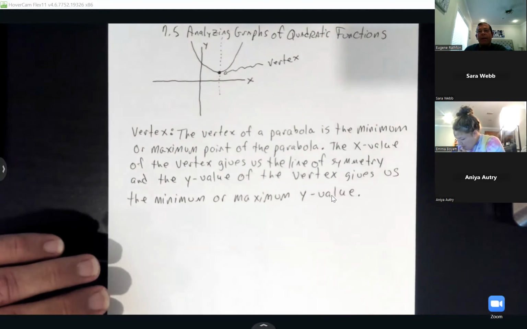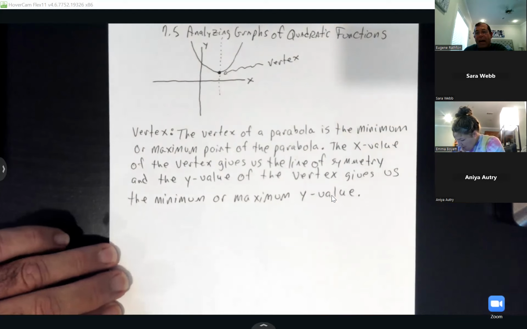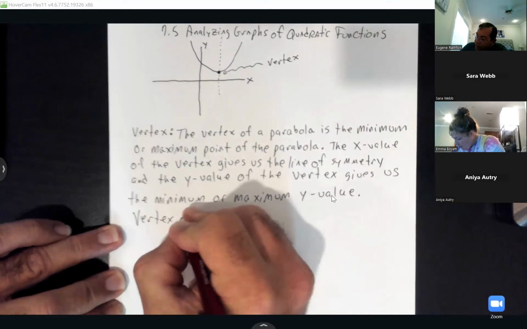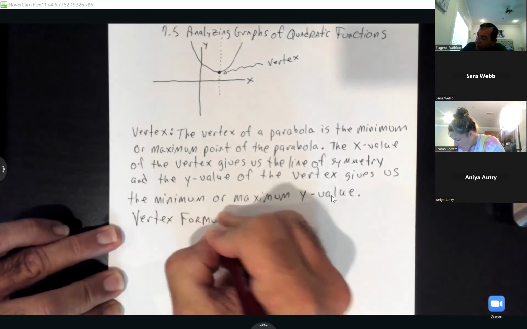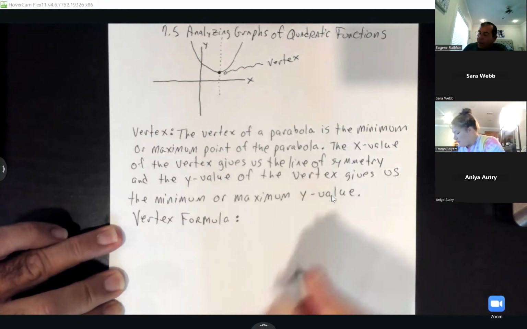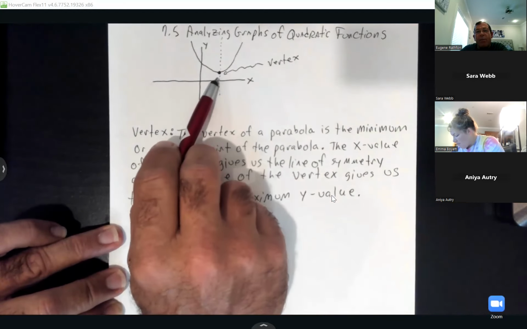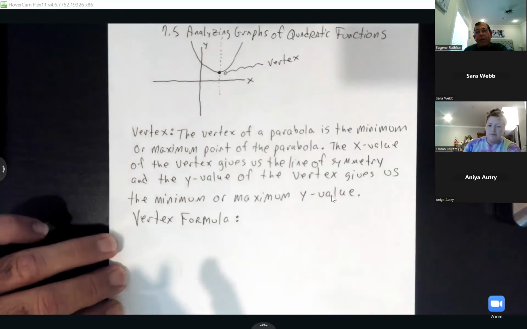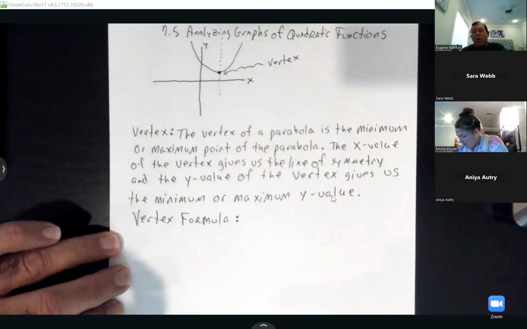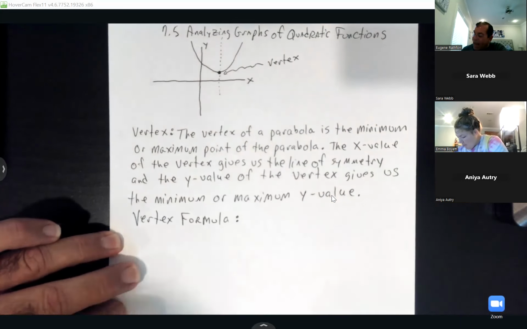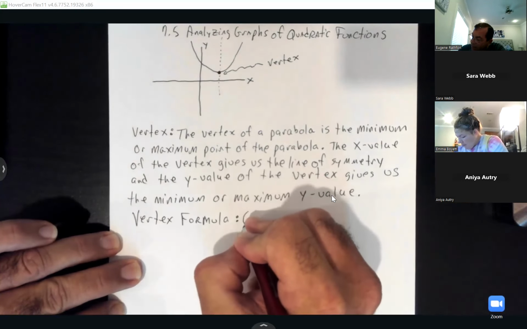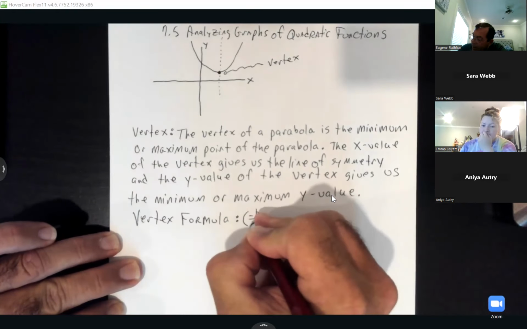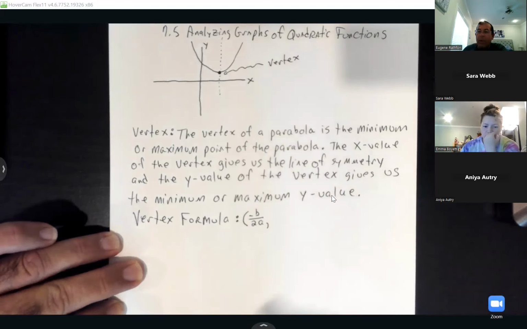Okay. So we got a formula we use to find the vertex. So the vertex formula. Now remember, this vertex point is a point on the graph. So when we look at the vertex, it is going to be an ordered pair. So to find that vertex, first we figure out what is negative b over 2a equal.